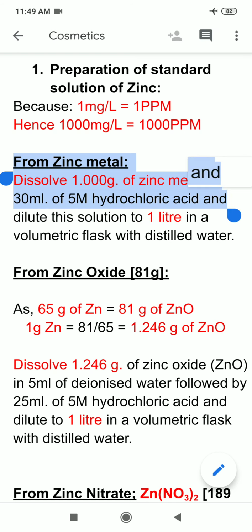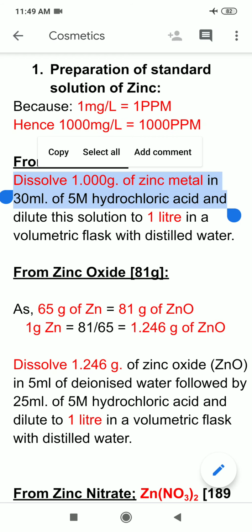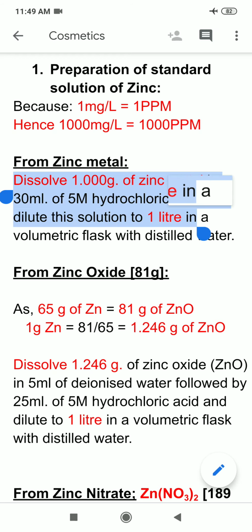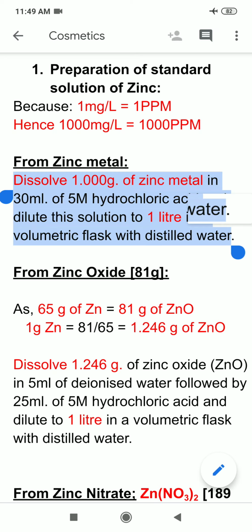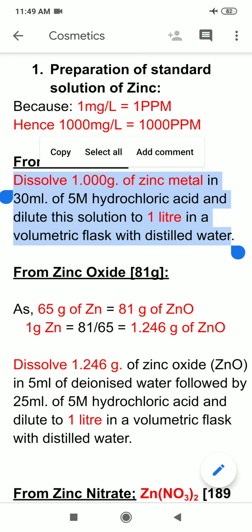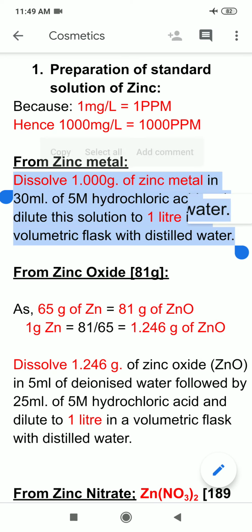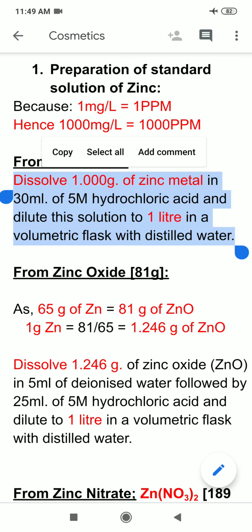As I told you earlier, we can use hydrochloric acid. So if we are using zinc metal, then we can dissolve that in hydrochloric acid. And if we dilute this to 1 liter in a volumetric flask with distilled water, then I have dissolved 1 gram of zinc metal in 1 liter. 1 gram of zinc metal means 1000 milligrams. So if I am dissolving 1000 milligrams in 1 liter, then its concentration would be 1000 ppm. So this solution has a concentration equal to 1000 ppm of zinc.